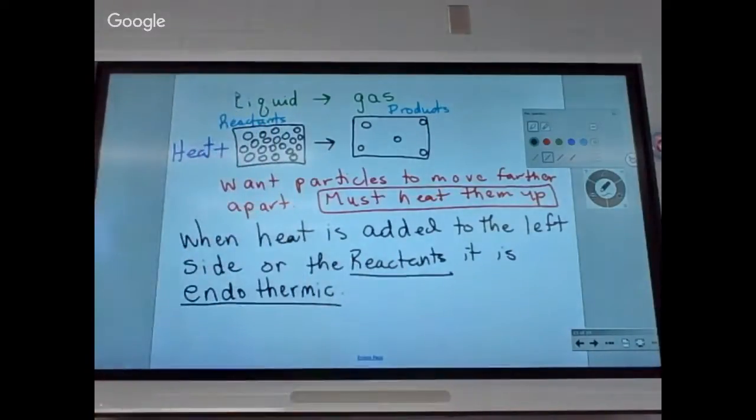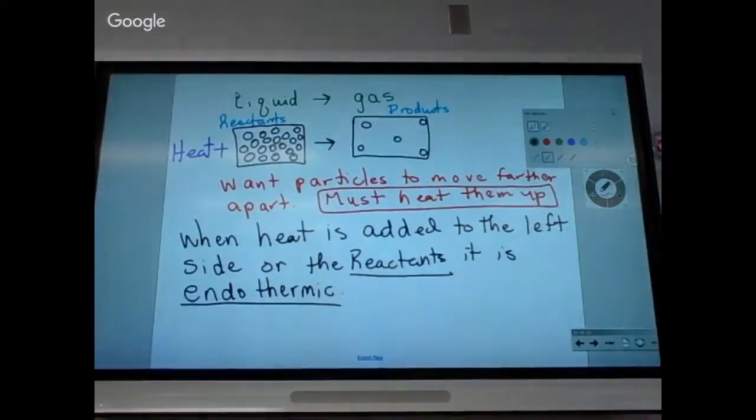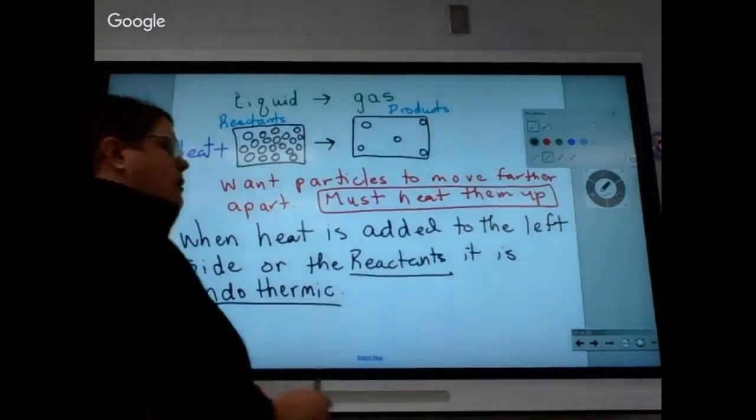Okay? Anytime we add it to the reactants or the left side, it's endothermic.